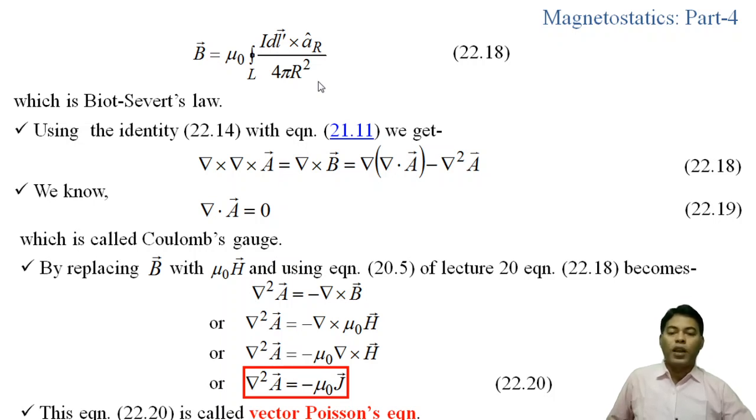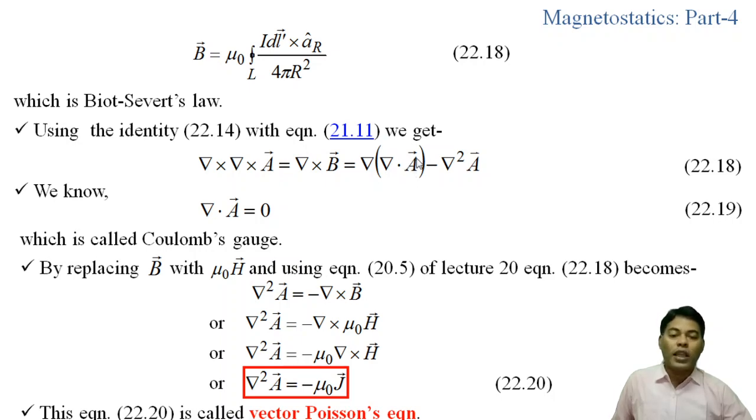Now we are going to derive Ampere's circuital law, which we have discussed in earlier lectures. For that, we take the vector identity which we have shown earlier, grad cross grad cross A, where grad cross A equals B. So grad cross B equals grad (grad dot A) minus grad squared A. Here grad dot A will be equal to 0, because it is the Coulomb's gauge.